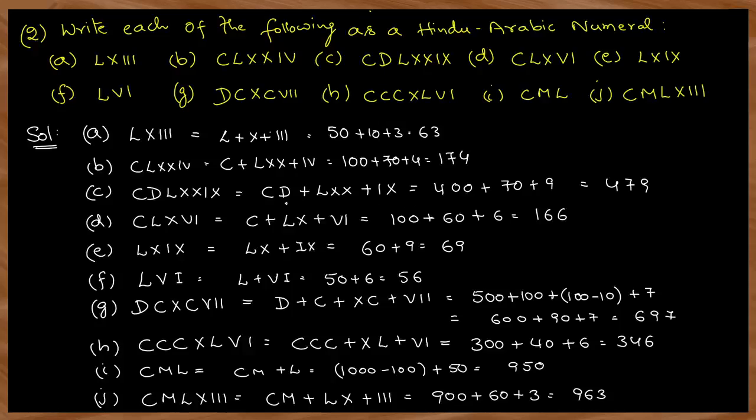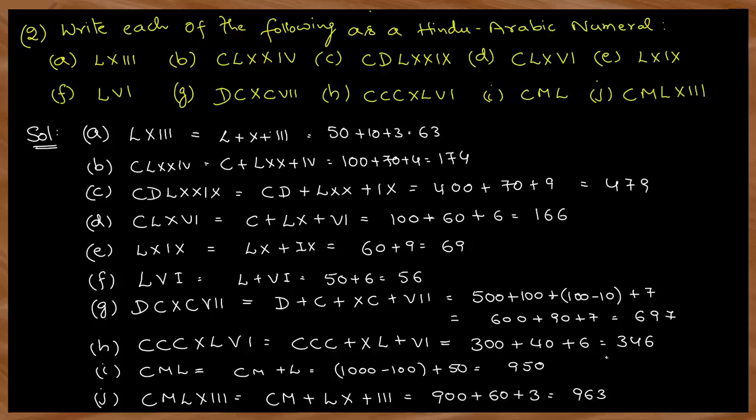So now you can calculate. This is 500 minus 100, which is 400. This is 50 plus 10 plus 10, which is 70. This is 9. 479. Okay, like this you can write the remaining numbers also. Okay, observe here. This is CCCXLVI. CCC means 300, plus XL means 40, plus 6.